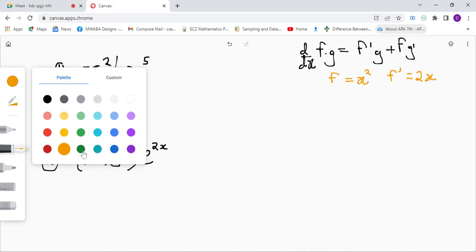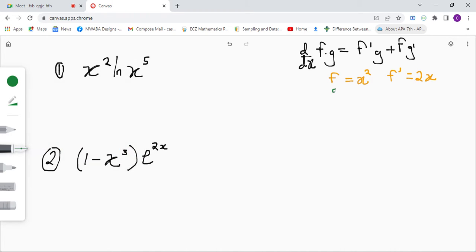Then we select our g. It's the natural log of x to the power 5. If you remember differentiating natural logs, let me write it down here: d/du of the natural log of u equals u prime over u.